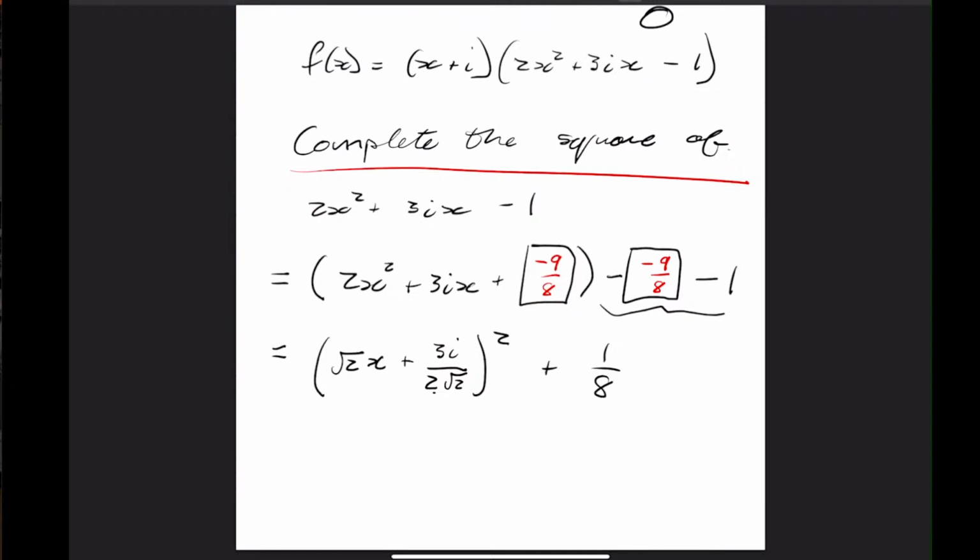So we ask, what is the square root of this term? That gives us the square root of x. And now we ask, what should we multiply this term with and multiply by 2 to get that term? That is how we get this term. Now if we work out this square, we get that over there. And then just to keep everything balanced, we add and subtract the extra term there.